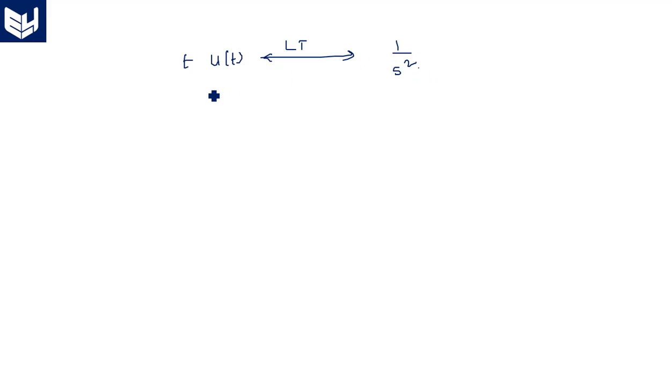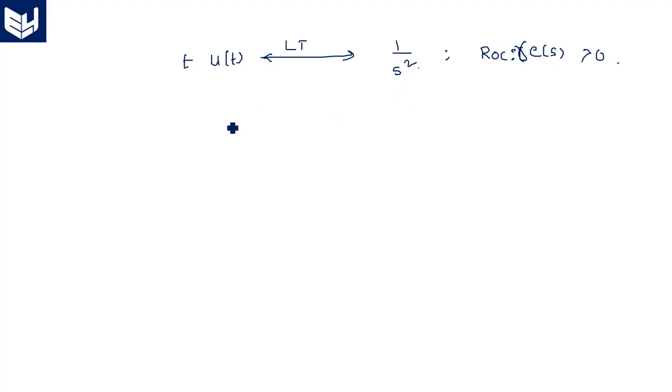So what is the region of convergence for this signal? The region of convergence is the real part of s must be greater than 0, because in the denominator we don't have any other pole. So s square equal to 0 is nothing but s equal to 0.